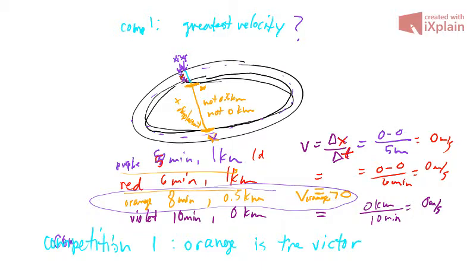If you're using the language of displacement and velocity, talking about a race would not be the appropriate context to be using that language. The more appropriate language would be speed and distance.